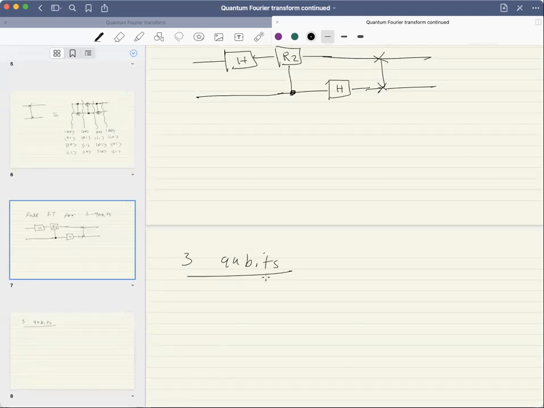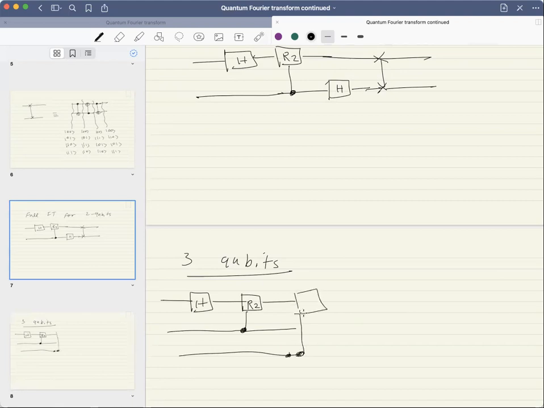So if I have 3 qubits now, let's just worry about the first one. So I hit it with a Hadamard. I let the next one do an R2 on this first qubit. And I let the third one do an R3.